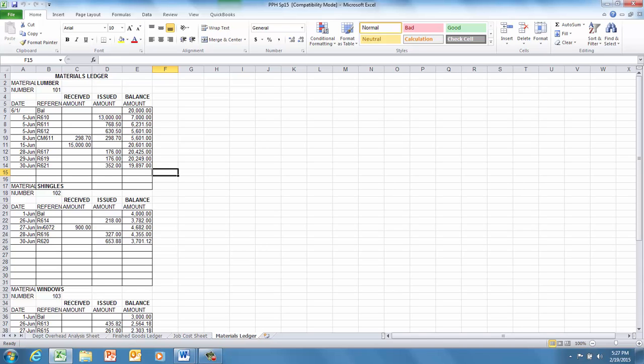Notice there's a receive side. This is when we purchase materials and we're receiving them. They're coming in to the materials storeroom. That's going to go in the receive side. When it's coming out, where we're issuing them, they're being requisitioned. That means they're going out, and they're going to come in this column. So the $13,000 is there.